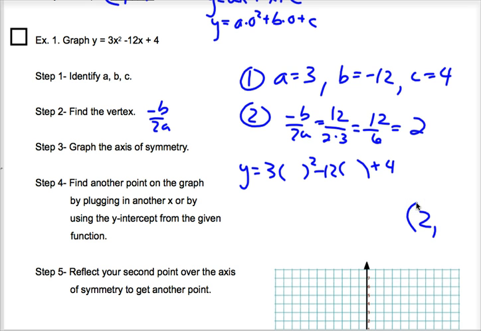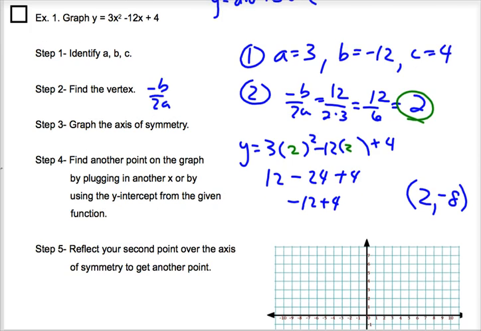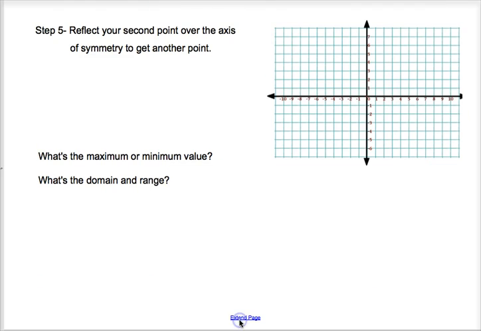There's my vertex. So I'm taking this 2 right here and plugging it in for x. I'm going to do the math and see what that turns out to be. The first term would be 3 times 4, 12, since 2 squared is 4. Then minus 12 times 2, 24, plus 4. So I'd have negative 12 plus 4. I get a vertex y-value of negative 8. So 2, negative 8. Let's go down and graph that.